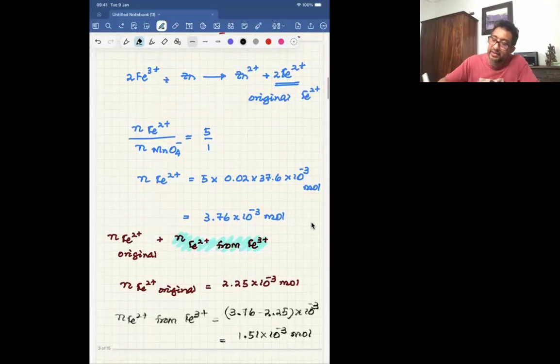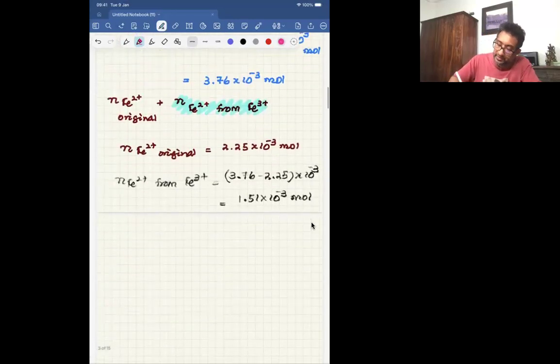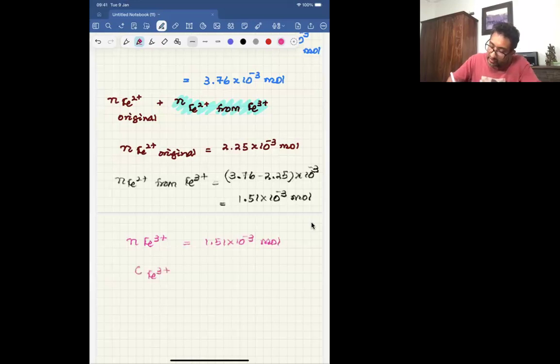Did you all understand that? Now, if Fe+2 is formed, the ratio is 2 to 2, so the number of moles of Fe+3 is also the same amount, 1.51 times 10 to the power minus 3. What is the concentration then? Concentration of Fe+3 is equal to number of moles divided by volume.